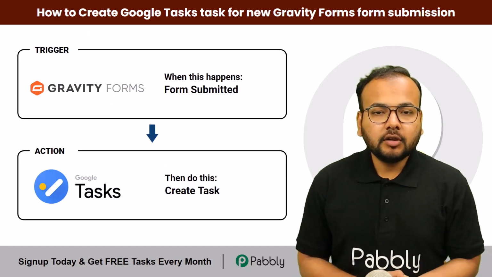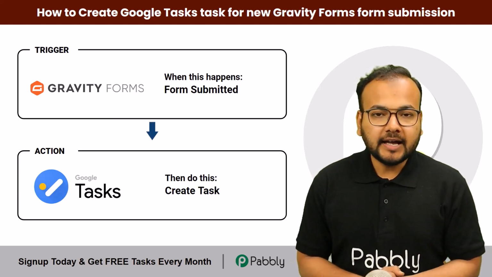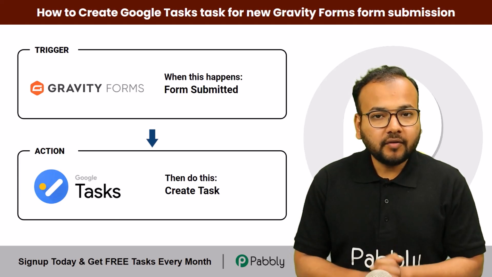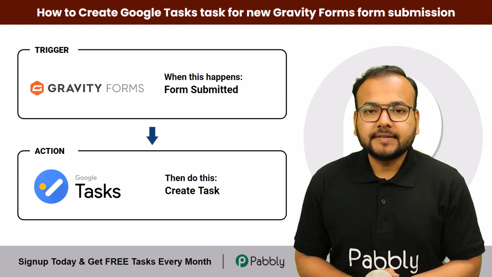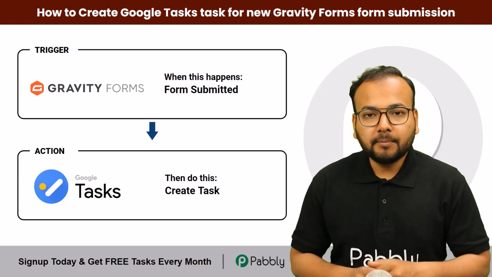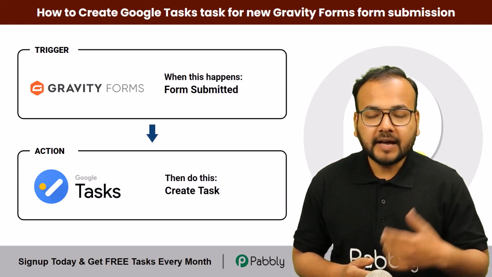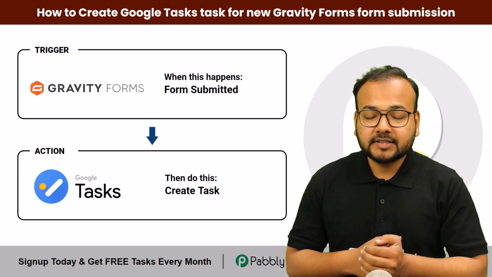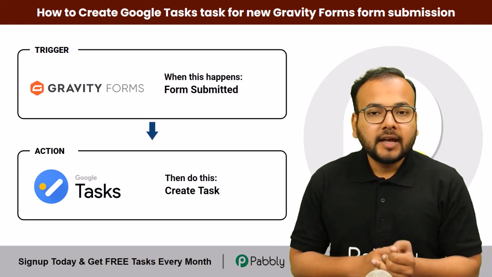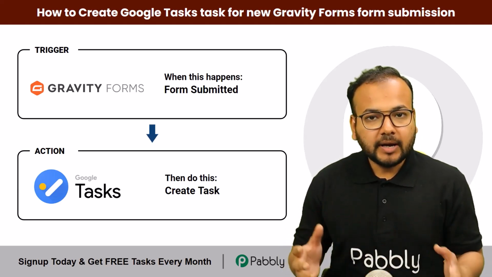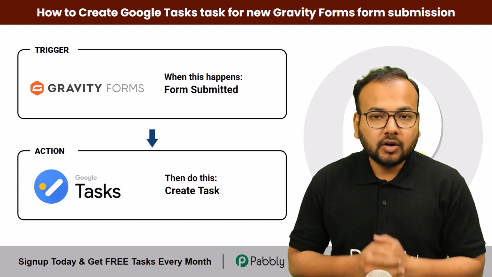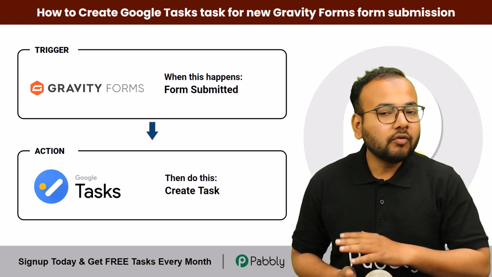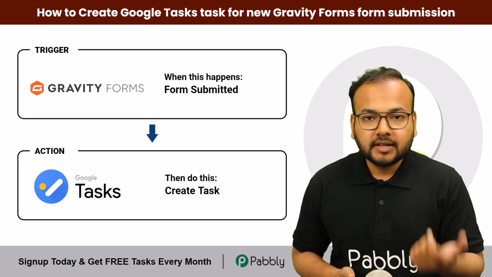Welcome to this tutorial on how to create tasks in Google Task application for new Gravity Forms form submission. Guys, Gravity Form is a form builder plugin of WordPress by which you can create website forms, and Google Task is a task management tool by Google. And by integrating these two applications, you can streamline your workflow and ensure that you do not overlook any important task, right?